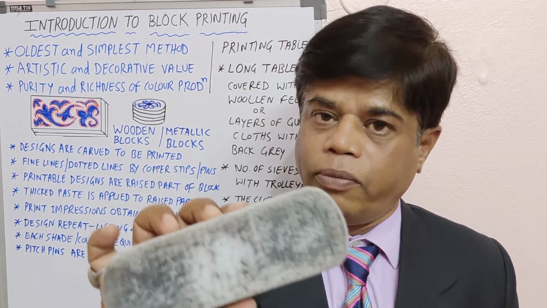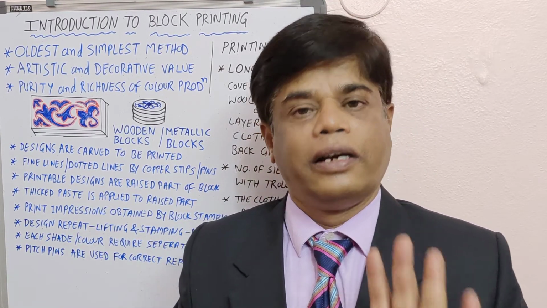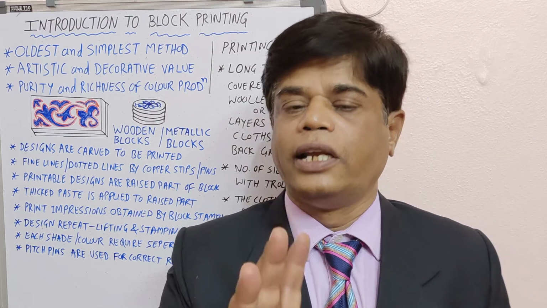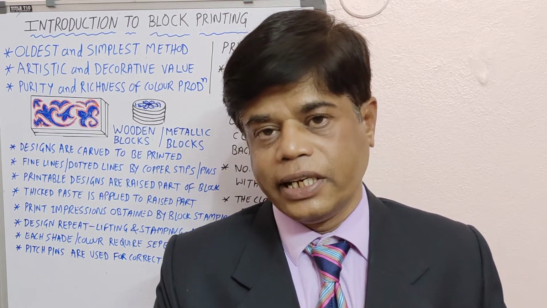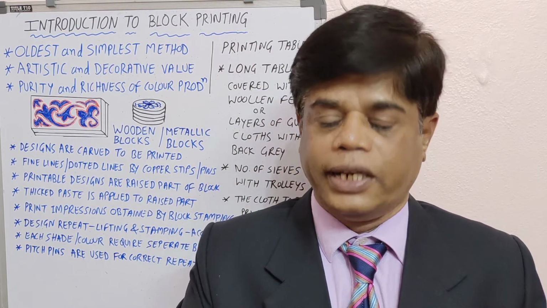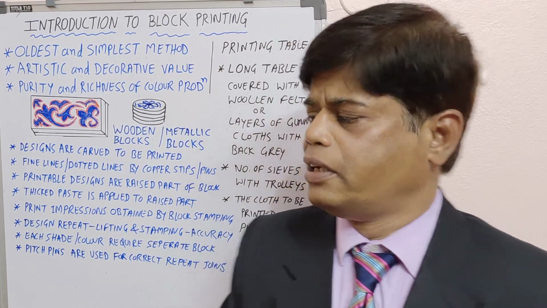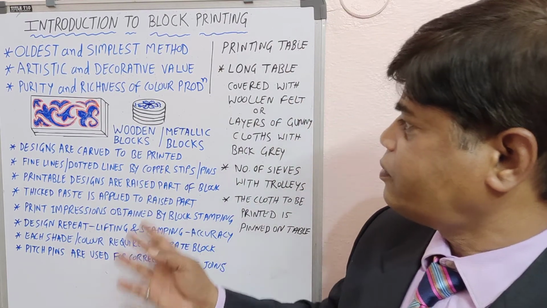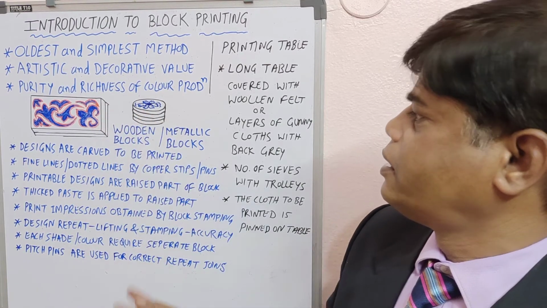If one block is used for red, it cannot be used for green or blue. So if green, red, blue, 3 colors are used with the same design, 3 blocks are used separately. This is the simplest, and the technology used has many things. I am only giving the introduction part.